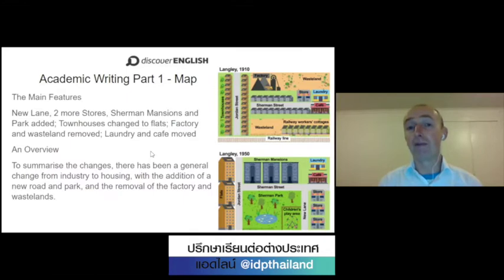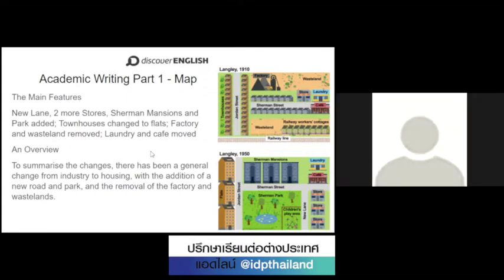You need to be able to talk about the east, the west, the north, the south, or you could talk about in the top left, in the bottom right, etc. But probably better is northeast, southwest, because normally with maps they give you orientation like that. They normally give you a northeast, southwest compass and show you like that. So those are the maps.